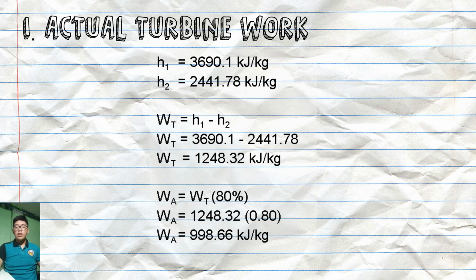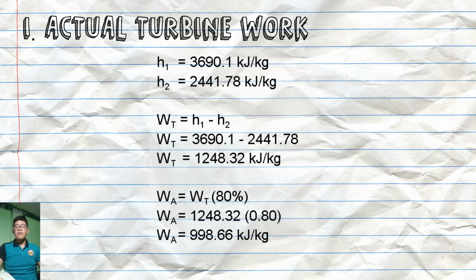So the value of H1 is equal to 3690.1 kilojoules per kilogram, and the value of H2 is equal to 2441.78 kilojoules per kilogram. And the answer for the turbine work will be 1248.32 kilojoules per kilogram.